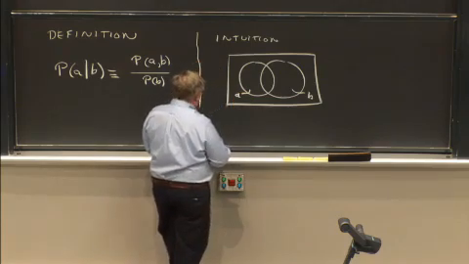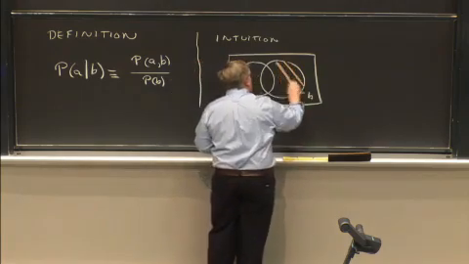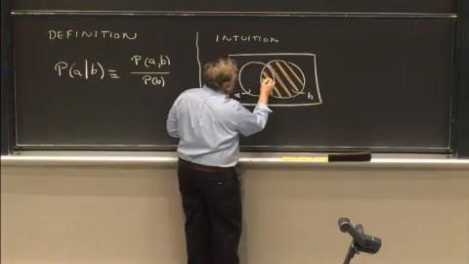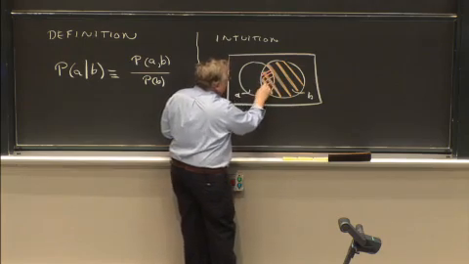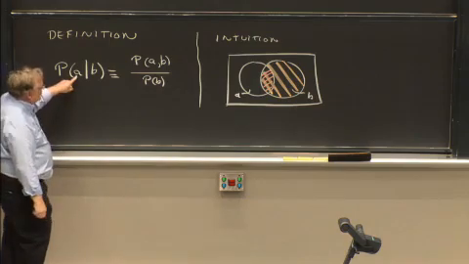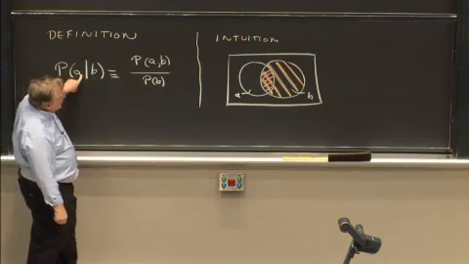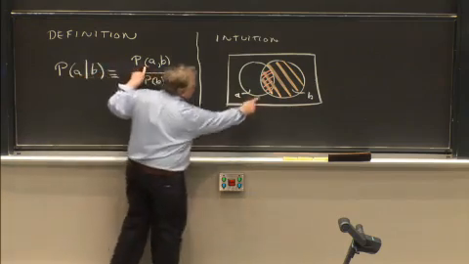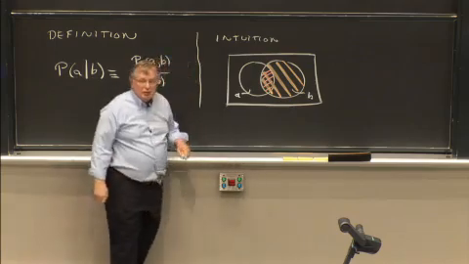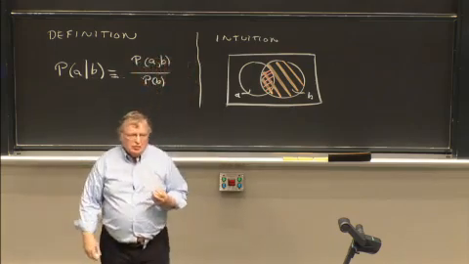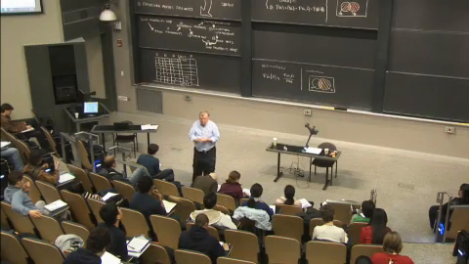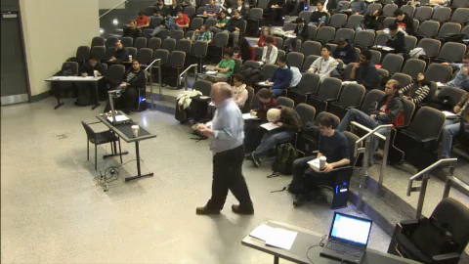We've got this part here, and then we've got the intersection of A with B. So it does make sense as a definition, because it says that if you've got B, then the probability you're going to get A is the size of that intersection, the pink and orange stuff, divided by the whole of B. It's as if we restricted the universe of consideration to just that part of the original universe that's covered by B. So that makes sense as a definition.